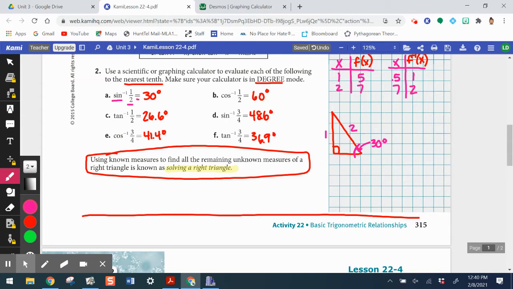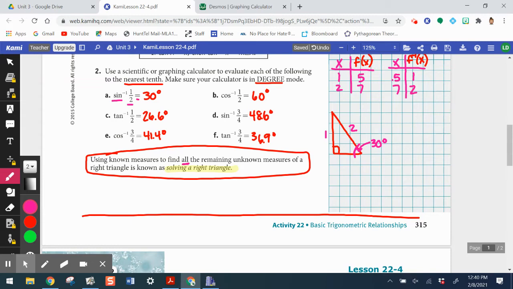And notice what it says here: using known measures to find all the remaining unknown measures of a right triangle is known as solving a right triangle. So now, if we're given any measurements and we solve for all of the other unknown measures, that's referred to as solving the right triangle.